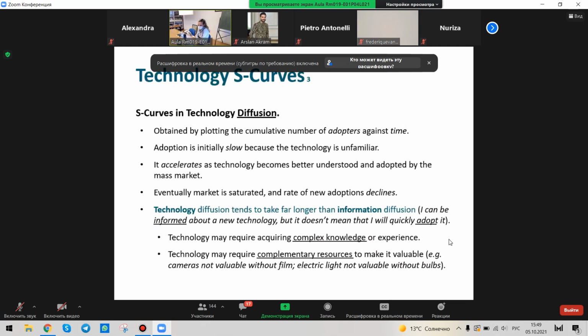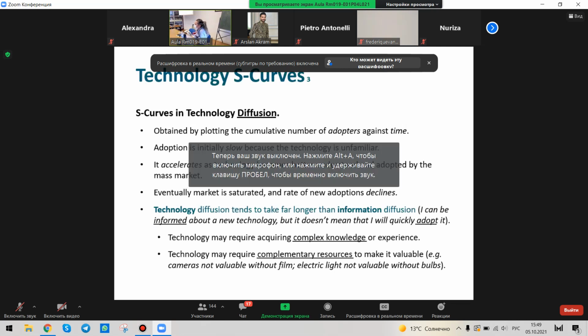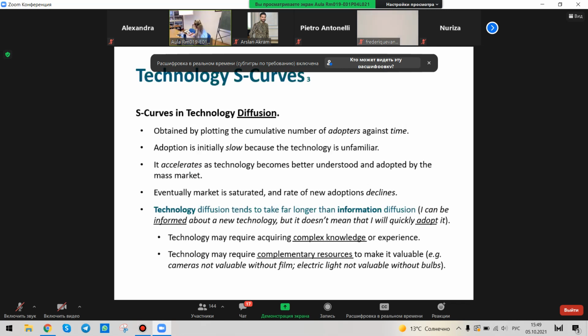So let's see what happens on the other side of the market, because so far we have described what happens in the improvement of the technology, so from the producer side. But we also said that this pattern, this S-curve, can also be used to represent how technology is adopted.